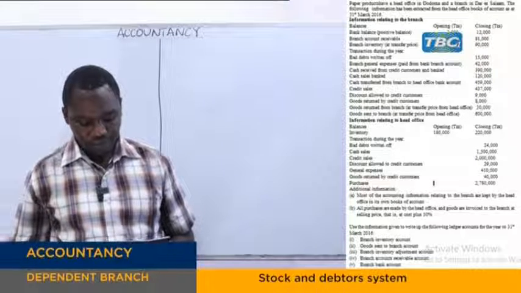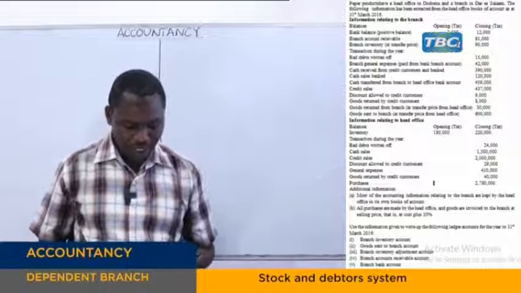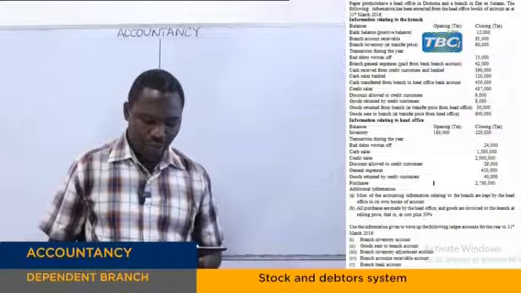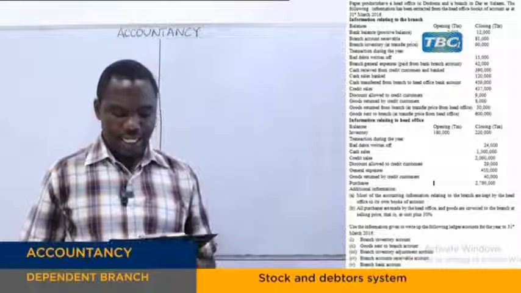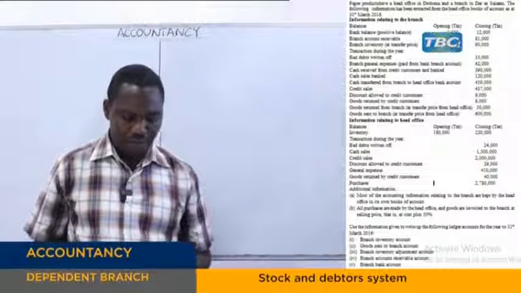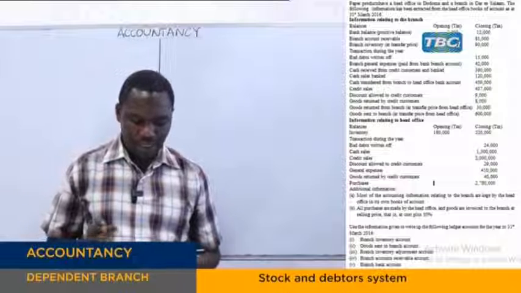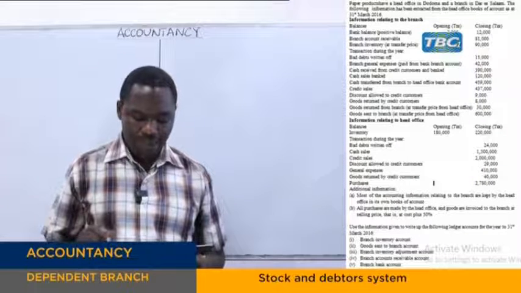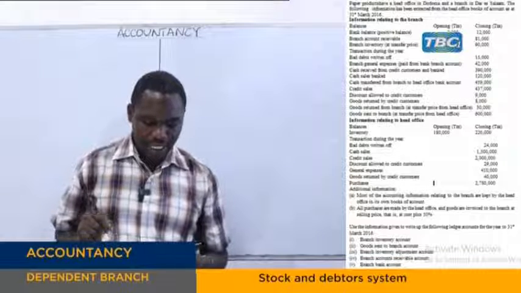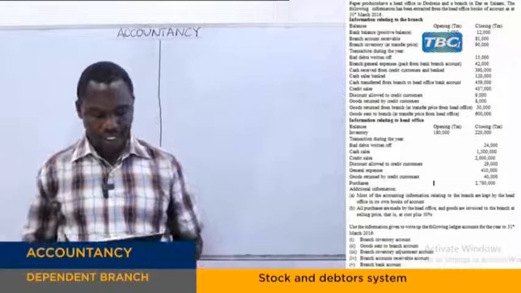There are purchases, yes, 2,780,000. Additional information, Part A. Most of the accounting information relating to the branch are kept by the head office and in its own books of account.